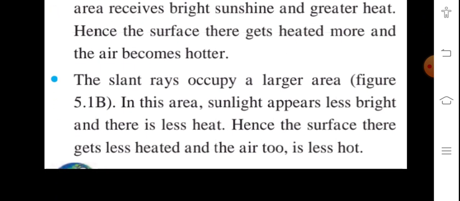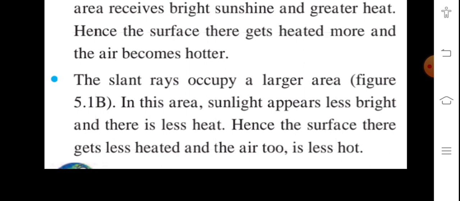The slant rays occupy a large area. Where the sun rays fall in a slanting position, that area is larger, as we saw in figure 5.1b.